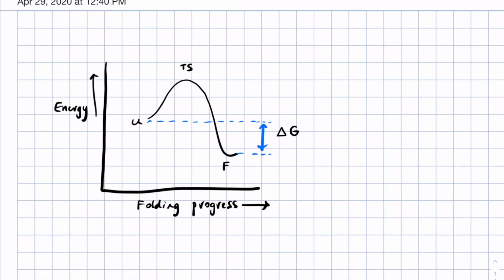Of course, if you were interested in folding kinetics, that is how fast folding happened, you would be interested in this number, which we would call delta G double dagger. That is an energy of activation for the folding process. This regular delta G controls the equilibrium constant through the familiar relationship that you learned in general chemistry.